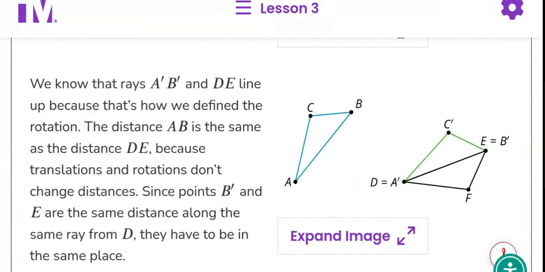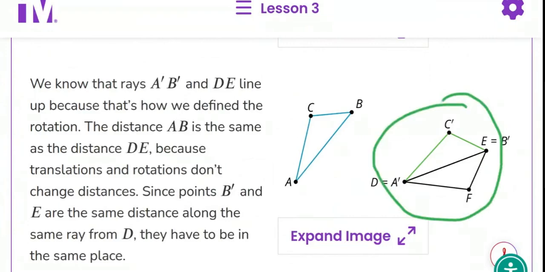Keep in mind, if the figures are connected, even though you don't clearly see 3 sides matching up with 3 sides, it is happening because this segment of DE is exactly the same as the segment of A prime, B prime, which means that that side is congruent to itself. And if we knew that the other two sides were congruent to each other, that's enough information to say that we have congruent figures here.